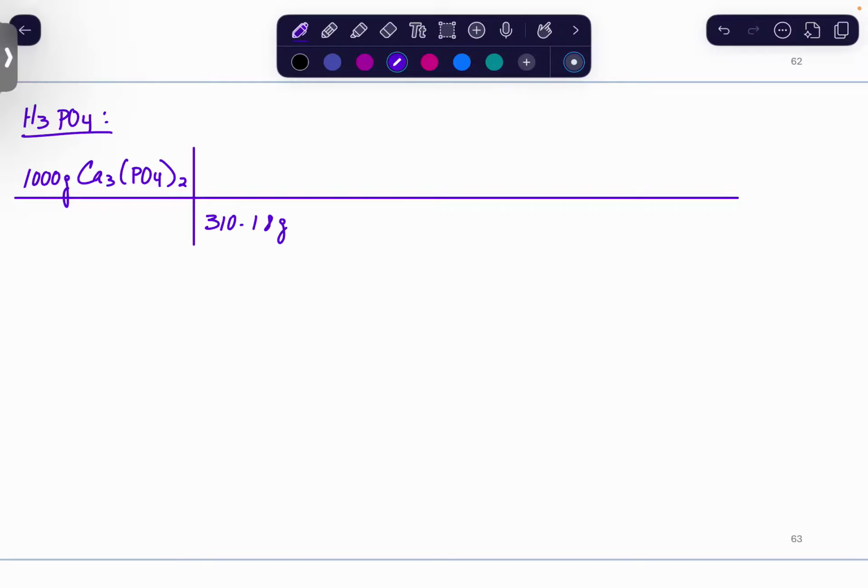310.18 grams per mole calcium phosphate. Grams cancels grams. From the chemical equation, 1 mole of calcium phosphate gives 2 moles of phosphoric acid. Moles of calcium phosphate cancel out.